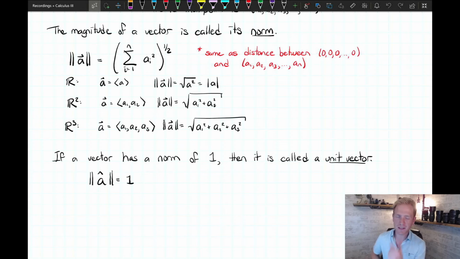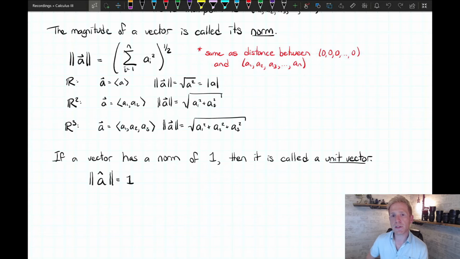Now, of course, as I mentioned a couple times already, notation does differ from one source to another. So while this hat notation is very convenient for being able to tell you that A is a vector and it has a length of 1, a lot of times we'll just get away with saying it's a vector and we'll just have an arrow over the top. Both are equally accurate. It's just that the arrow notation doesn't implicitly tell you that it has a length of 1.